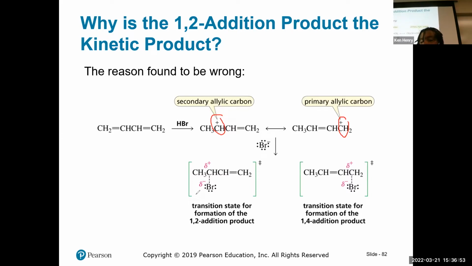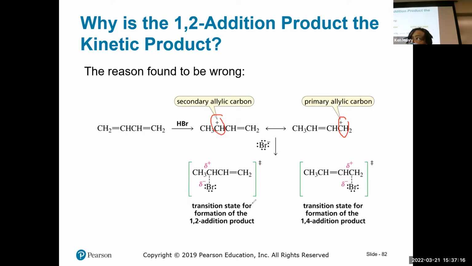Now, this reasoning, initially, because we know that our first instinct is to say, well, because the bromine is being added onto the primary carbon, this guy is going to be less stable. But that's not the case in this situation.